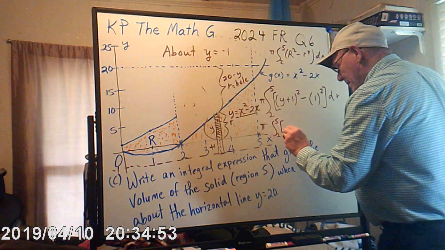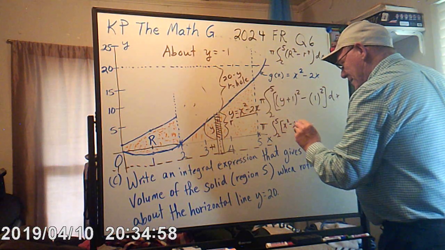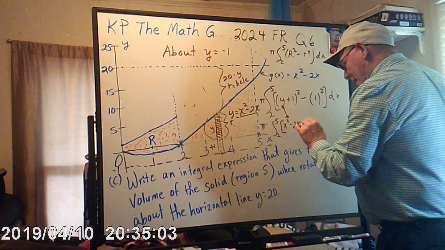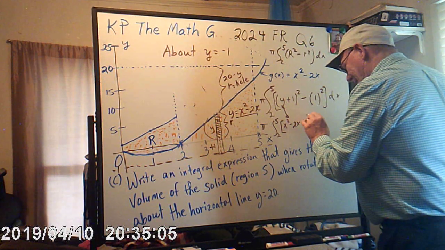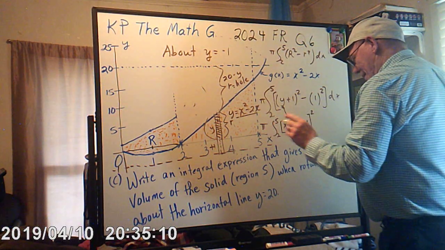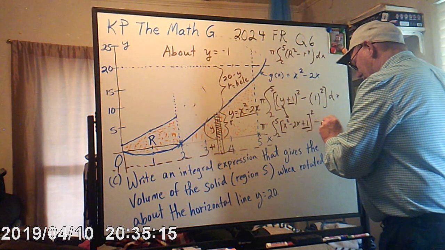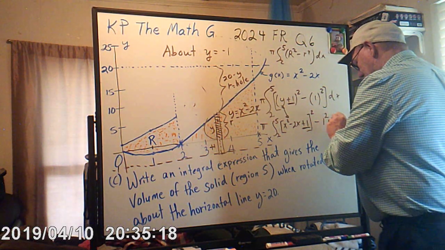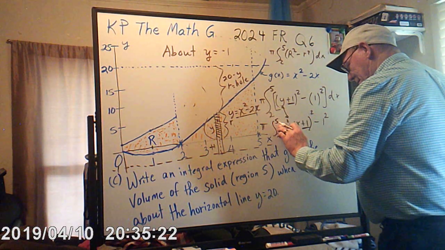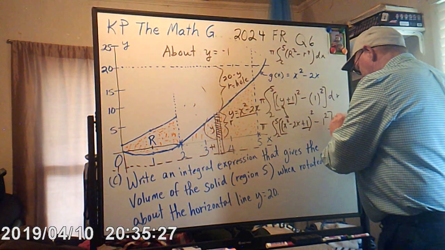Let's see, x squared minus 2x, that's your y right there. Your y is that, plus 1, and then you're squaring that, and then minus 1 squared, and then of course, this part minus this part, and then dx.